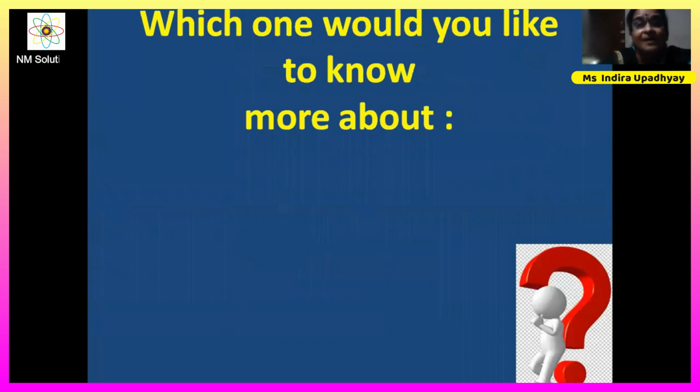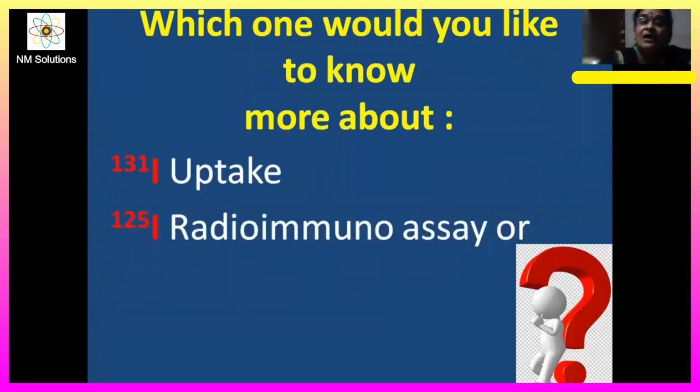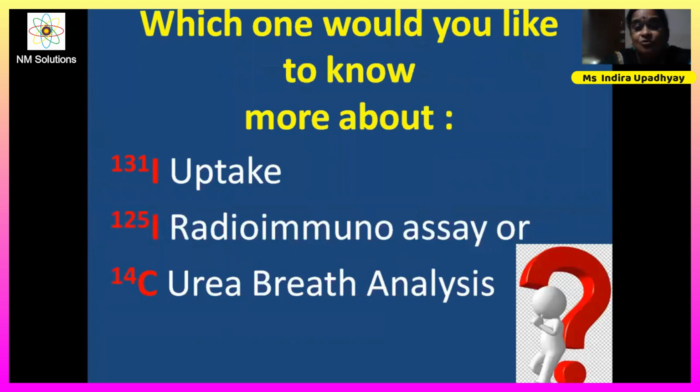So now I'll be leaving you with the options of what is your interest, which one would you like to know more about, whether it is 131 iodine uptake study, or 125 iodine radioimmunoassay, or the 14 carbon urea breath analysis that you would like to know more about. Thank you.